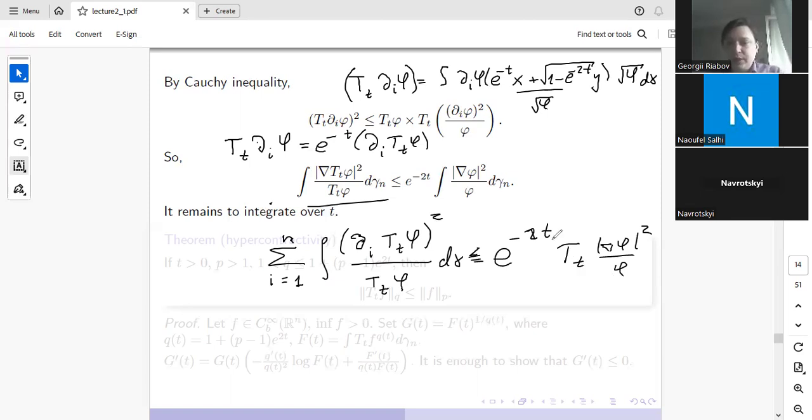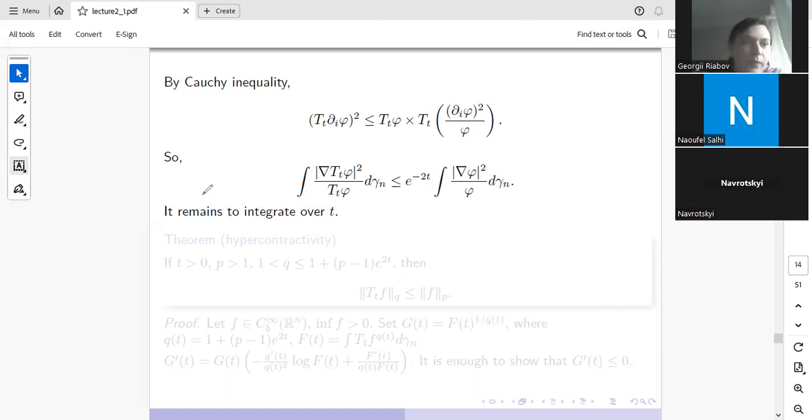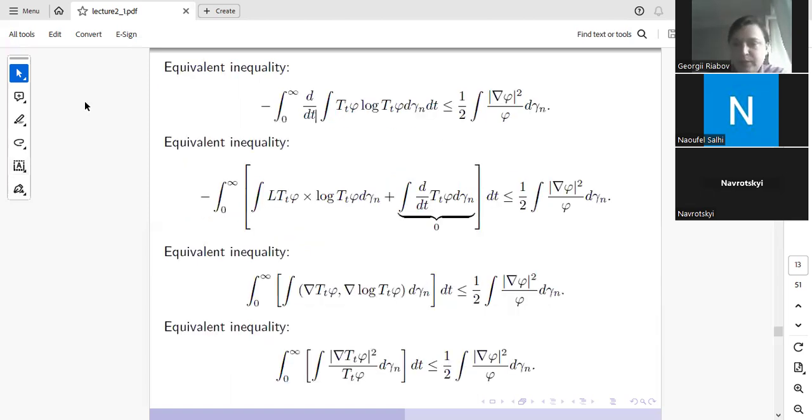After integration in gamma, this is a constant. So in our previous estimate, what remains is to integrate over t, and we will get exactly the factor 1/2.